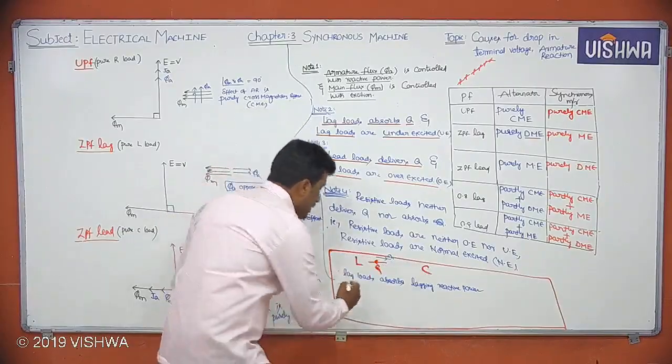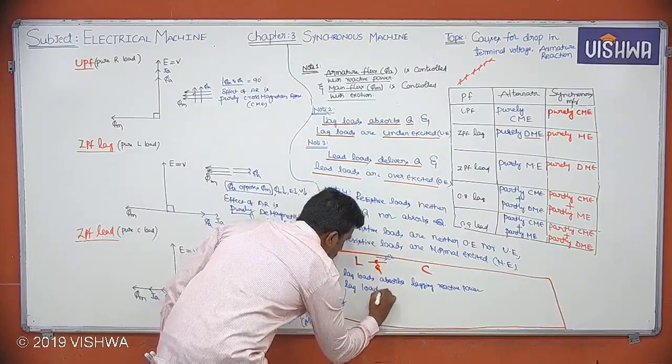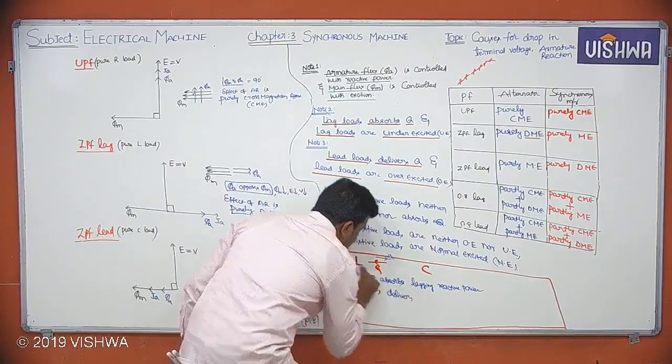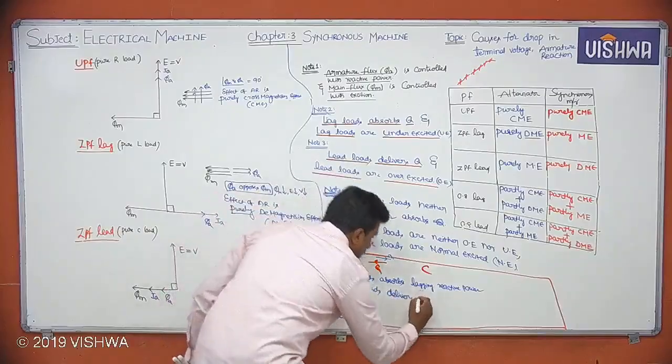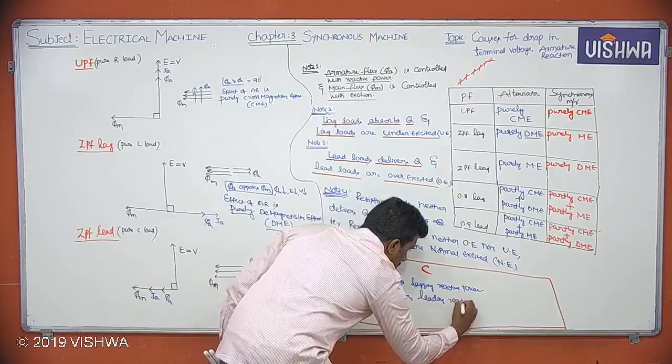So I can simply write: lag load delivers. From here it is leaving, right? It is going towards leading. So lag load delivers leading reactive power.